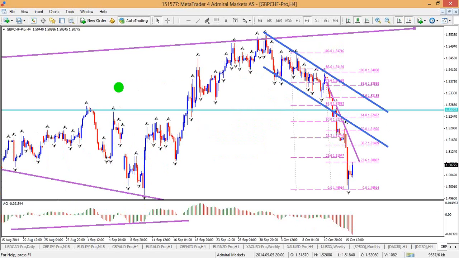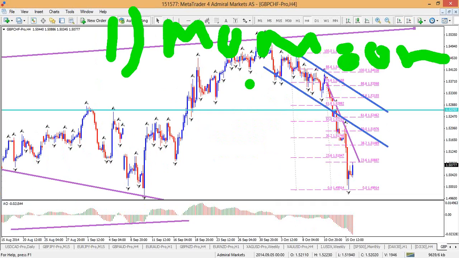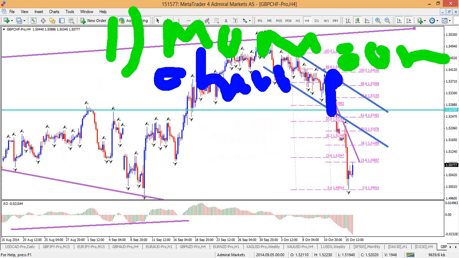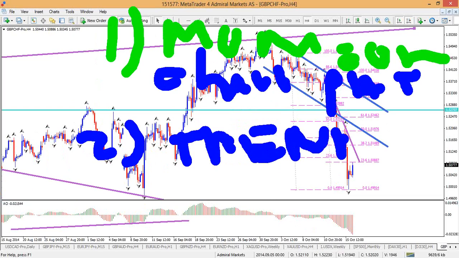The market is always about a few things. One is momentum or correction and subsequent chart patterns. 2 is trend. 3 is support and resistance.